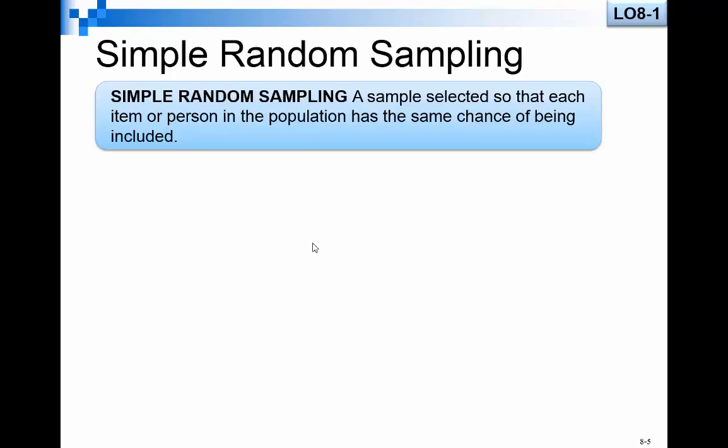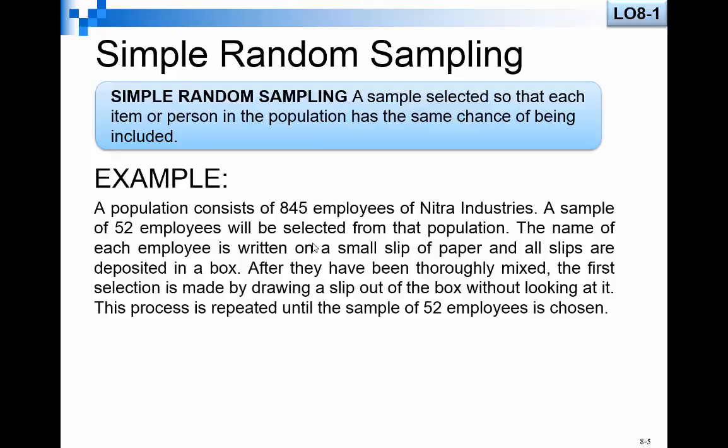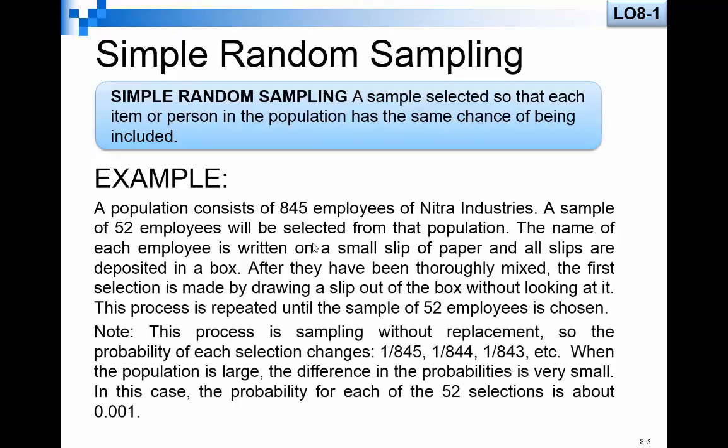With simple random sampling, we're obtaining the sample by saying that each person in the population, or if we're talking about a population of things, each item from that population has the same chance of being included in the sample. And you can look at the PowerPoint to see some examples, but what's listed in the textbook is an example where we have a population of employees and we want to select a sample of 52 of those employees.